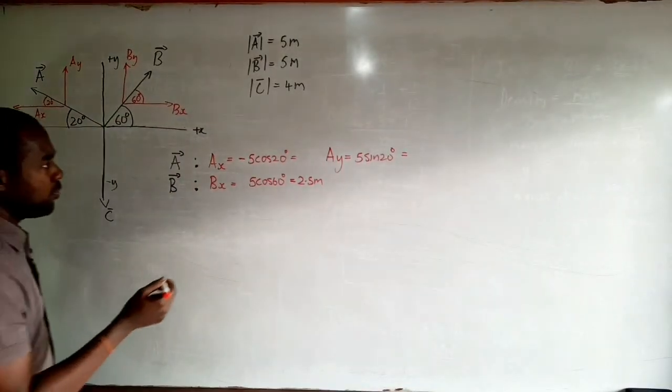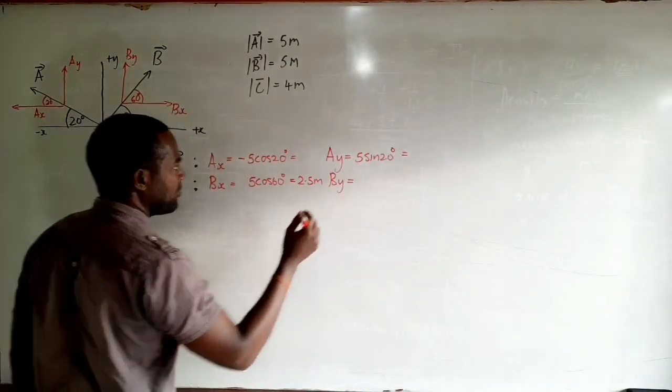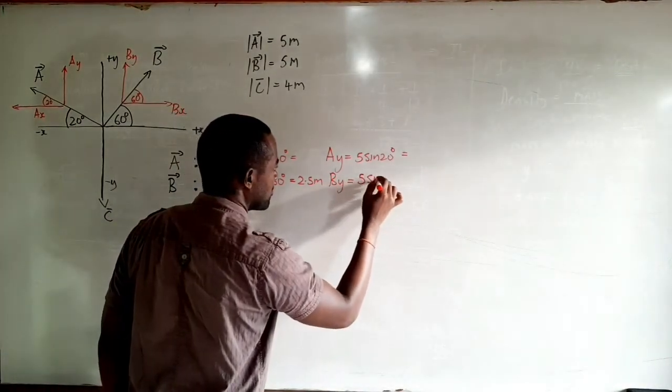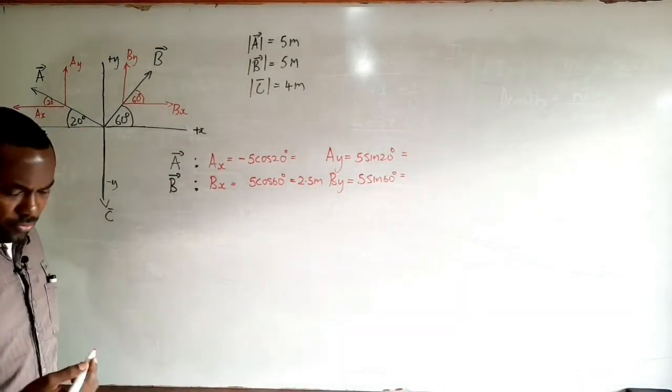Now the y component, BY, would be equal to 5 sine 60. Sine 60, 0.866 or root 3 over 2.